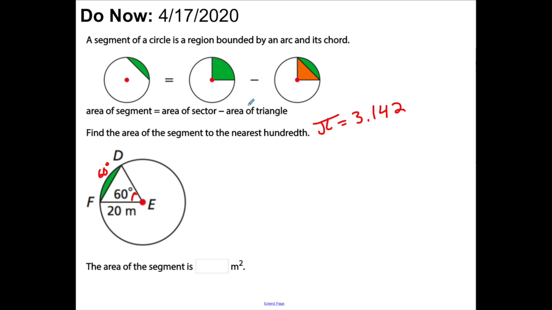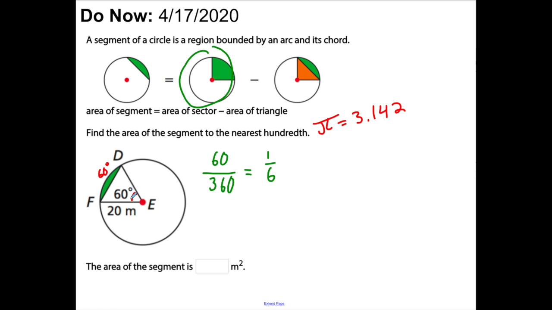Okay, so let's get started with 60 degrees. First I'm going to calculate the whole entire sector. Remember, we start by taking the angle measure and dividing by 360, because 360 is the total degrees in a circle, and that's equal to 1/6.